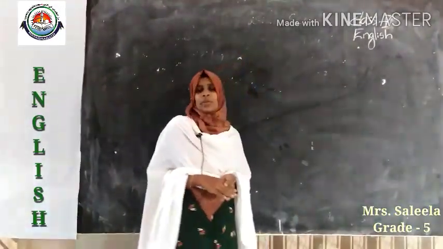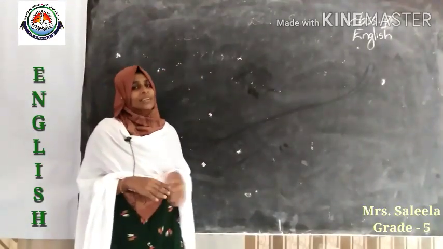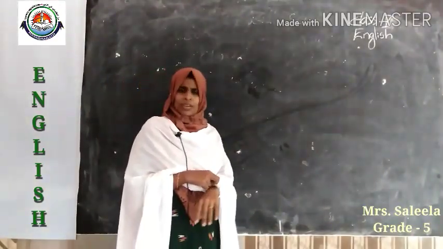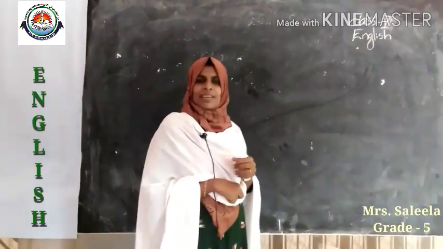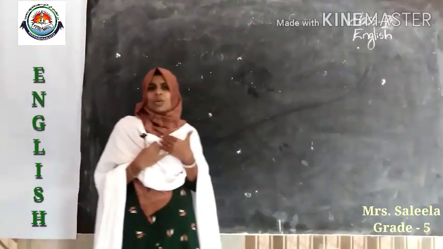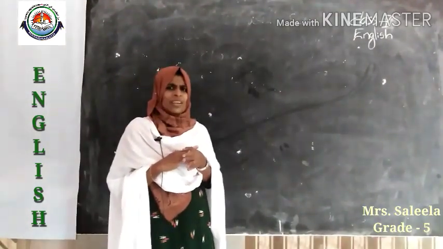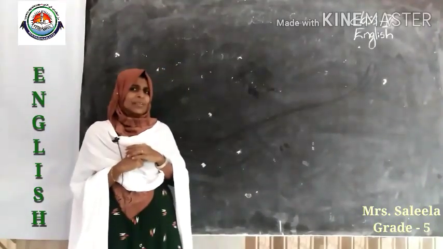What did we learn in the previous class? In the previous class, we learned lesson number 1. What was the lesson? Yes, the author's purpose. In that, we learned the purpose of writing the story. What was the title?